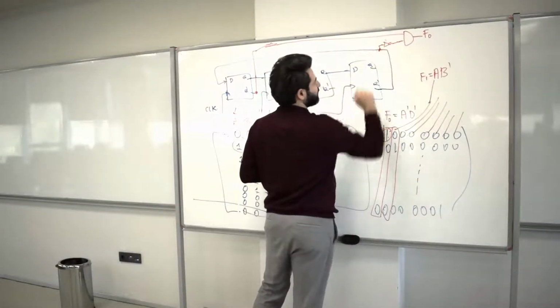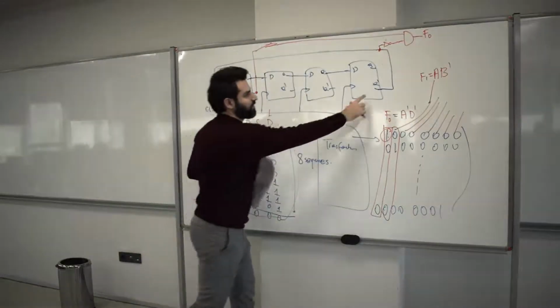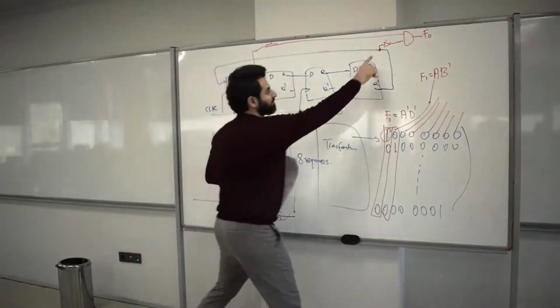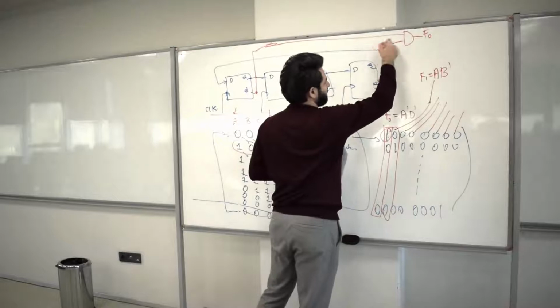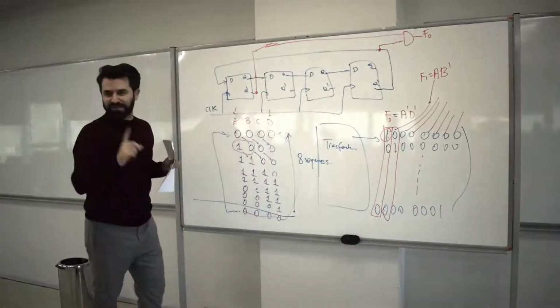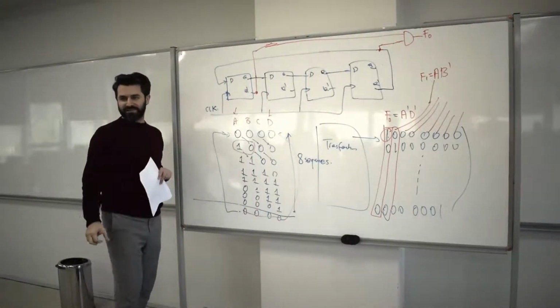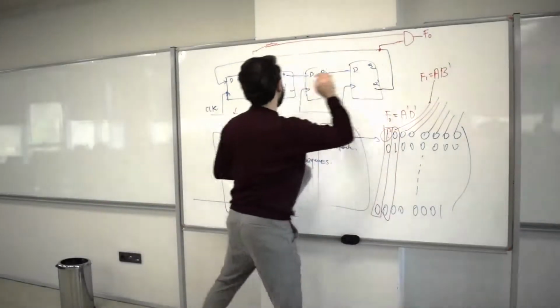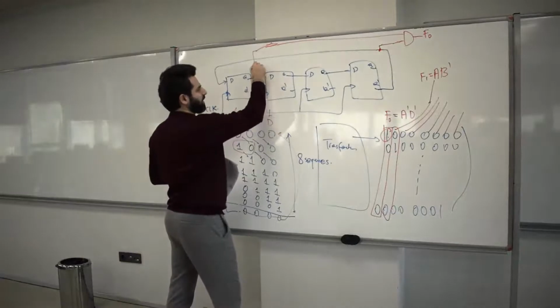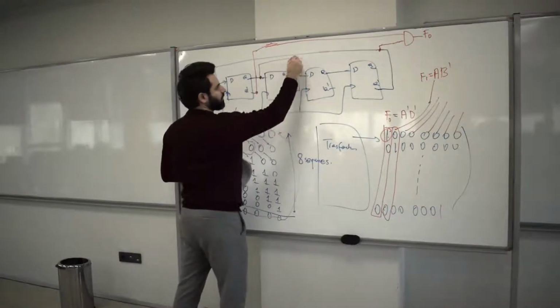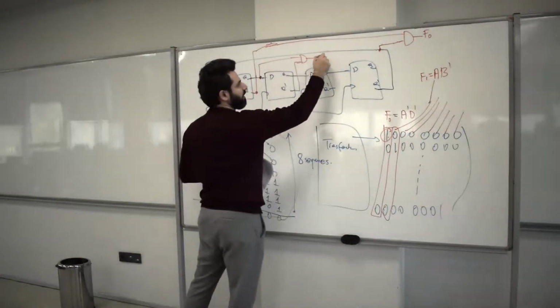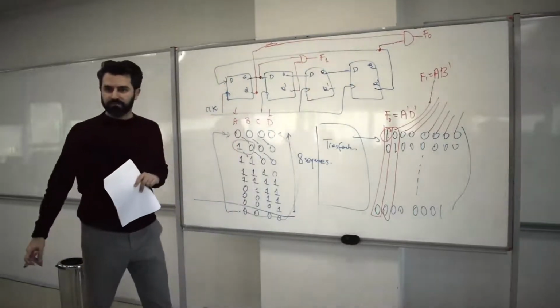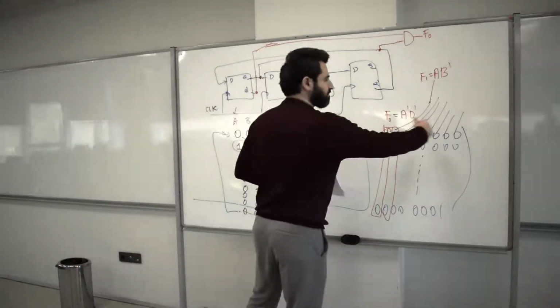Just connect this to this wire because this is already B prime. That's only a single AND gate. And for the second function, A, B prime, you got A already, and B prime is right here. You AND them to generate F1. So now you can go through and do this functionality.